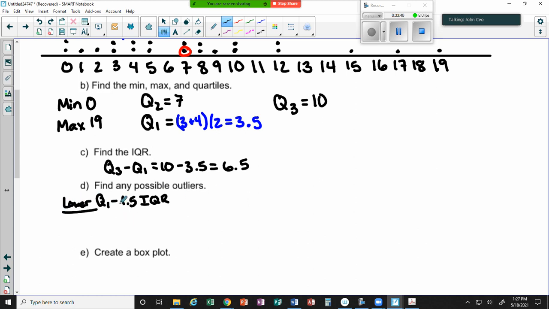So our lower limit is going to be what? Q1 is 3.5 minus 1.5 times 6.5. So let's see, half of 6.5 is 3.25, and add that to the 6.5, so it's going to be what, 9.75?